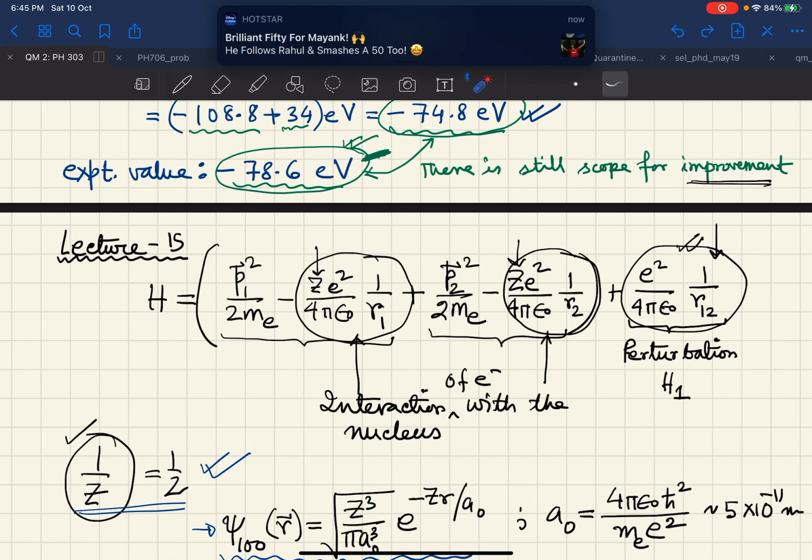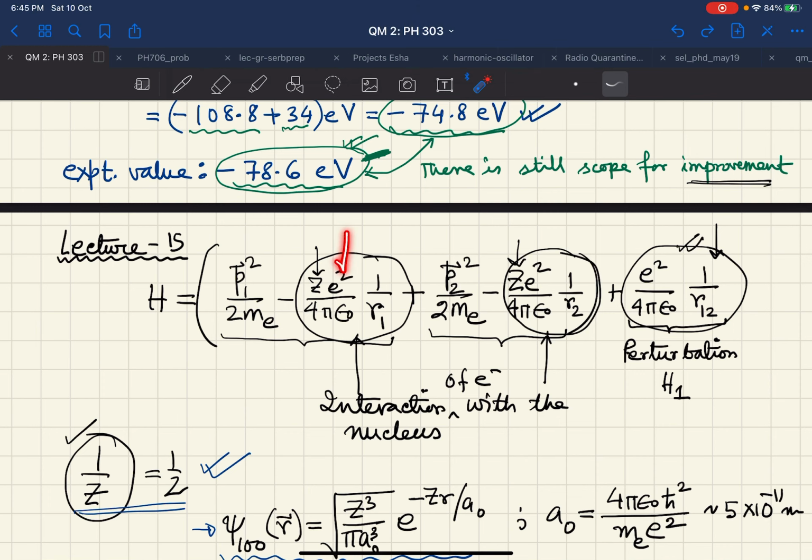Now, in order to understand this, we have to note that all these potential terms written in this Hamiltonian come due to the Coulomb force. So we see that each of these terms comes with a factor of e squared by 4 pi epsilon naught.